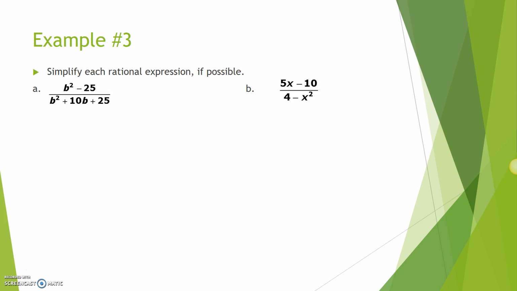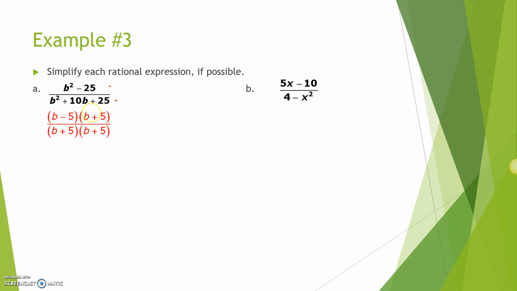The first step for A: we have b squared minus 25 over b squared plus 10b plus 25. We're going to factor both the numerator and the denominator if it's possible, and in this situation, it is possible. When we factor b squared minus 25, that's b minus 5 and b plus 5.